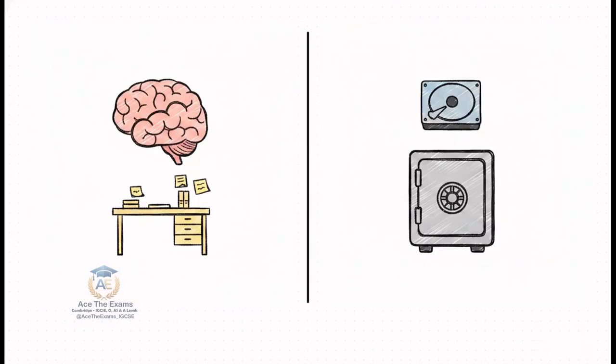Listen closely, because computer science reasoning relies on incredibly sharp boundaries, things like memory versus storage or data versus information. If a question asks how increasing the sampling rate affects storage, and you start writing about how it fills up the RAM or memory, you are answering the completely wrong question. Memory is your volatile short-term workspace. Storage is your non-volatile long-term saving.